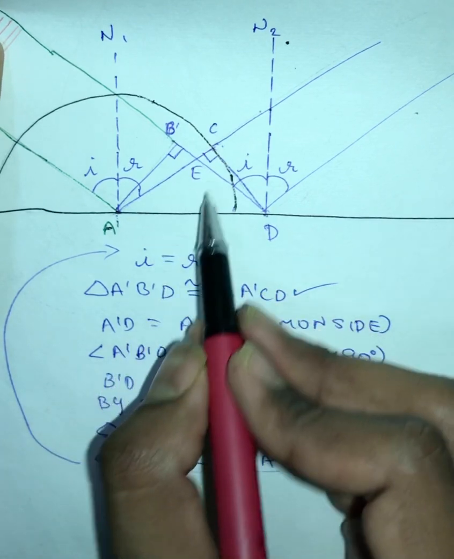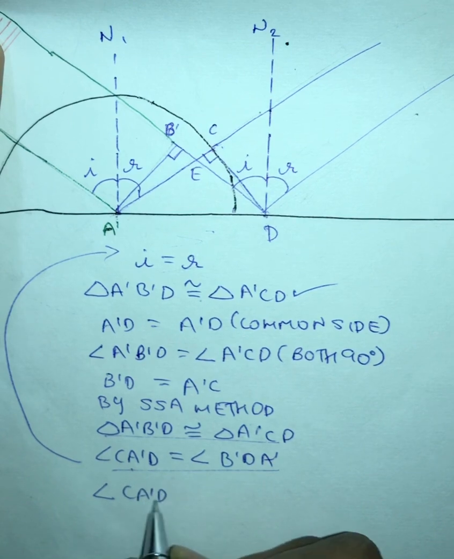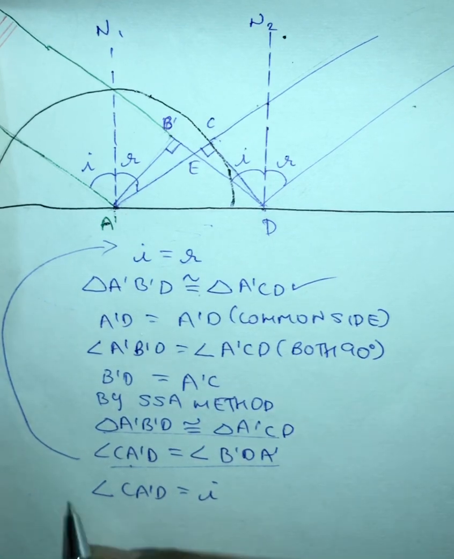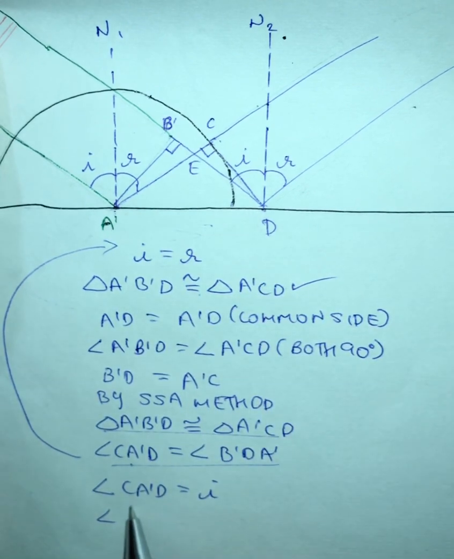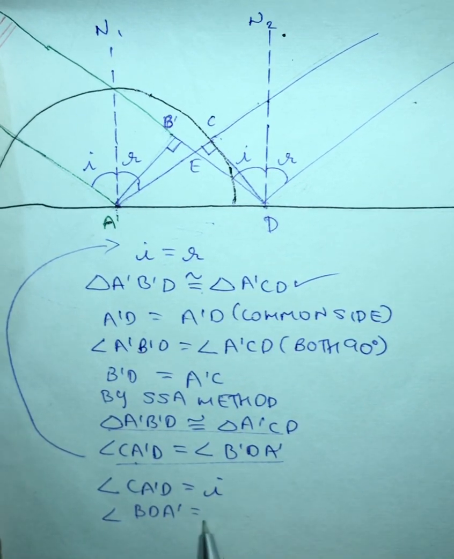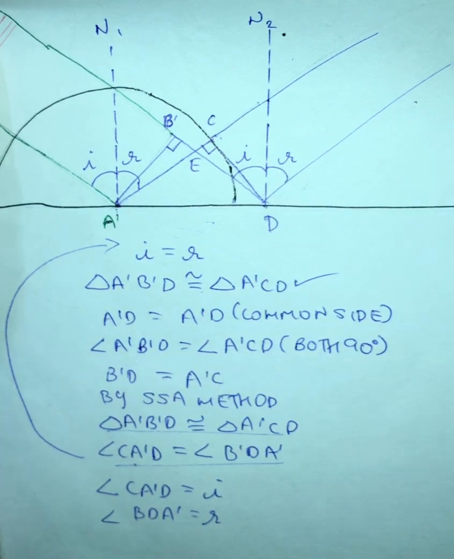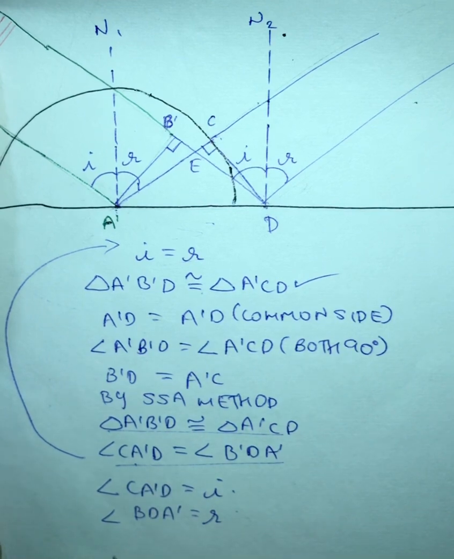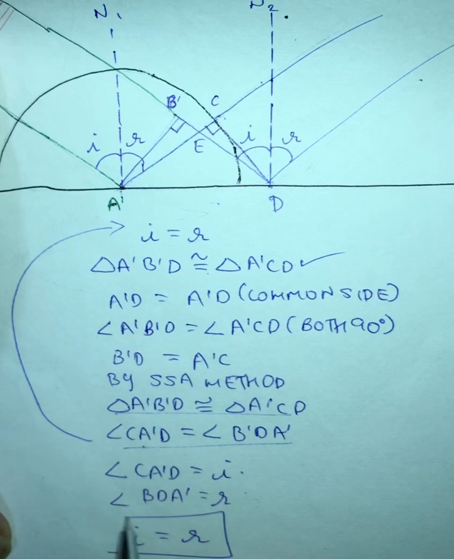Therefore what we can conclude is that angle C A' D is equal to I, and in the same way we can say that angle B' D A' is equal to R, because after a gap of I there is a normal, and over here we get a reflecting angle. Okay, so now substituting the values of I and R over here, we get angle I is equal to angle R. So this was the derivation for the reflecting surface.